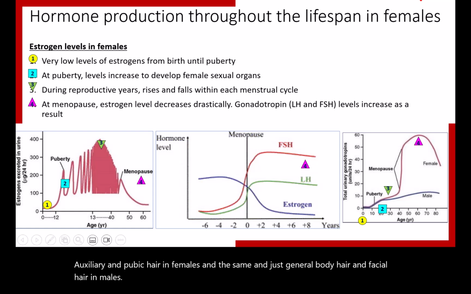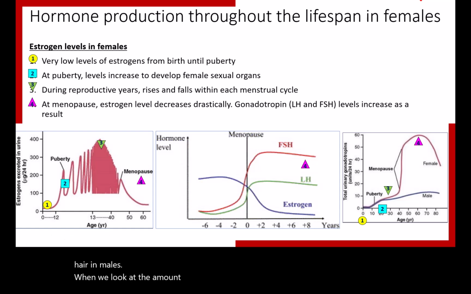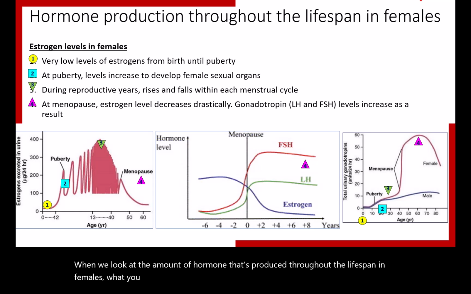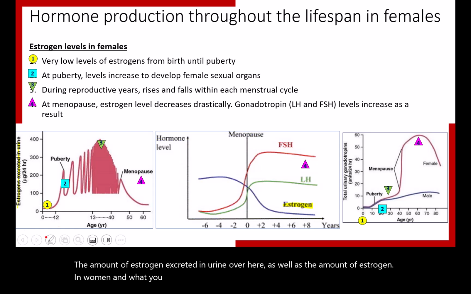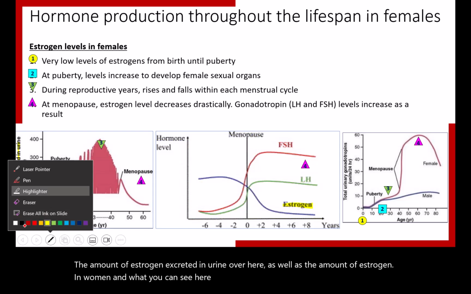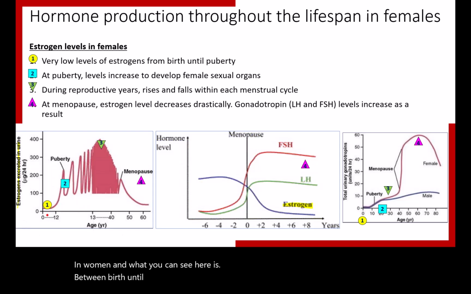When we look at the amount of hormone that's produced throughout the lifespan in females, what you can see over here is the amount of estrogen excreted in urine, as well as the amount of estrogen in women. And what you can see here is between birth until puberty, it's pretty much zero, right? So you can see over here, no estrogen being secreted in early childhood.